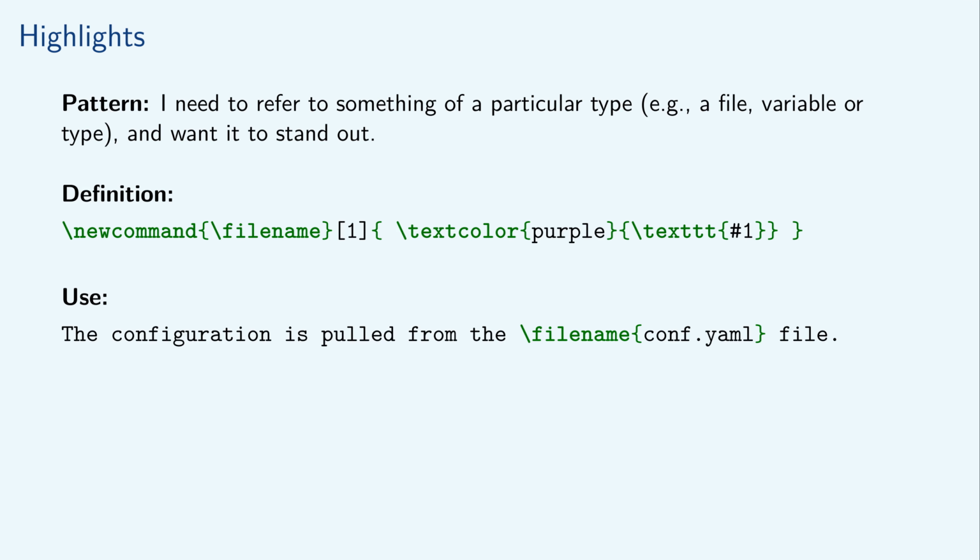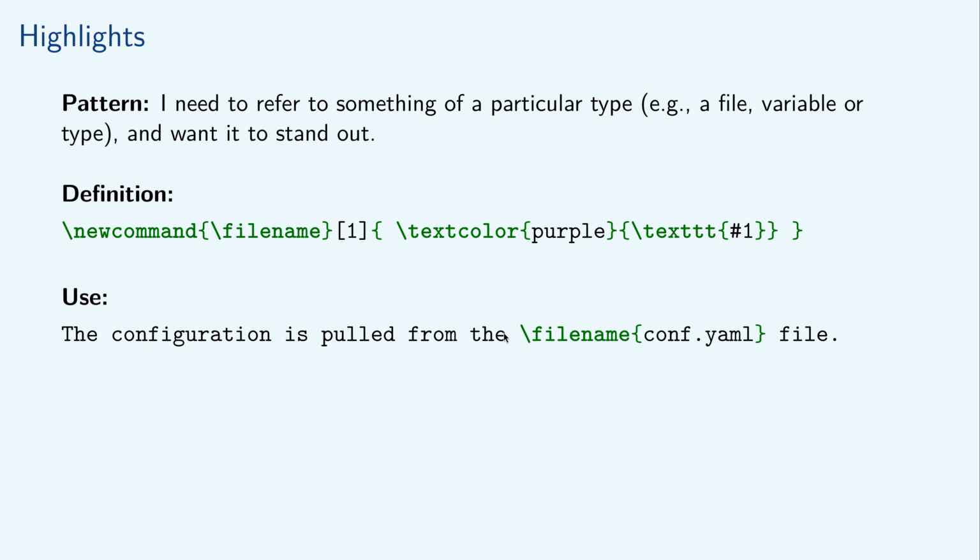So I define macros like this. File name takes a single parameter, and what it does is to take that parameter and format it in a teletype font, so that's a monospace font, and then take all of that and render that in purple.